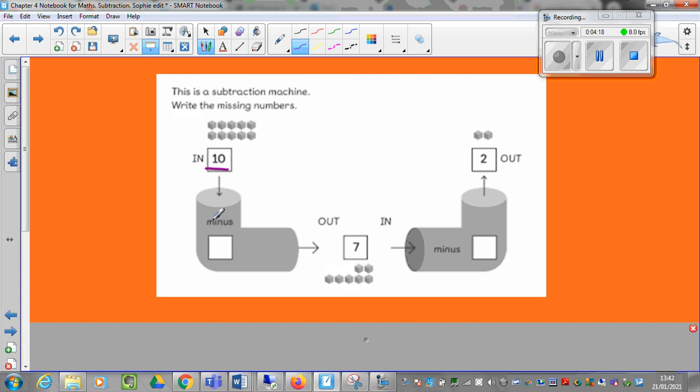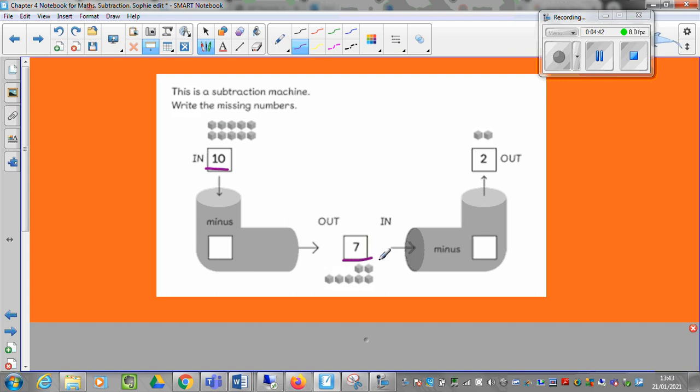Oh, we need to find out how many it has been subtracted, minus how many, because the answer is, look, the answer is 7. If you find this tricky, you can use 10 cubes or 10 items, and then you can put them through a machine, make sure that only 7 come out, and see how many are left in the machine.